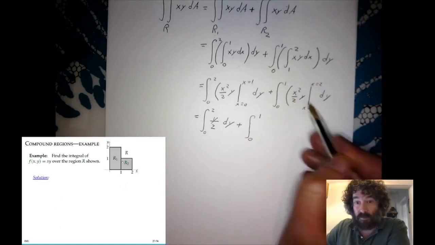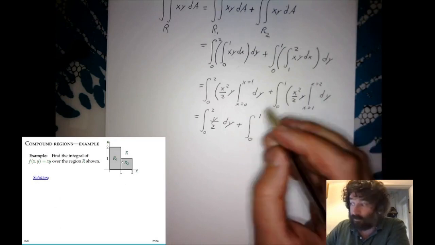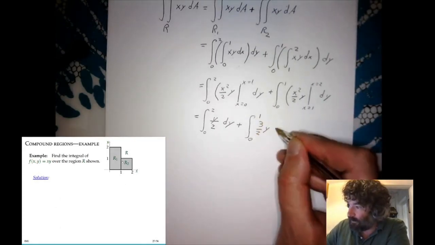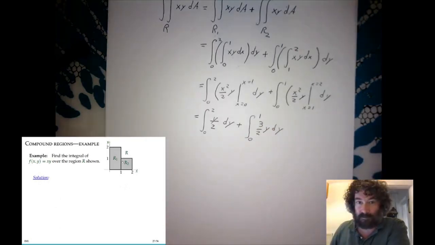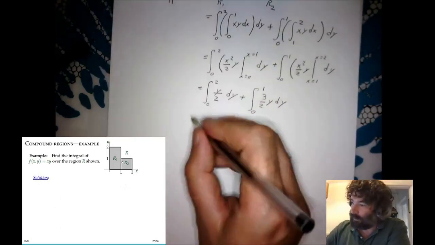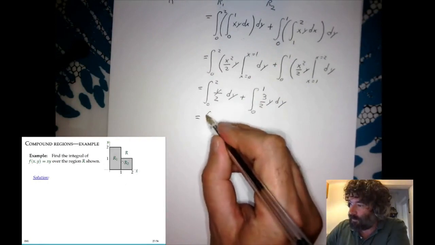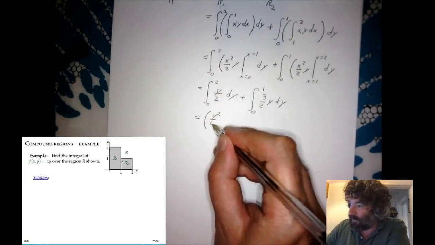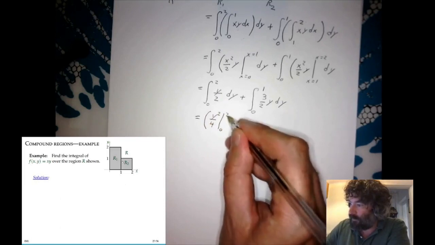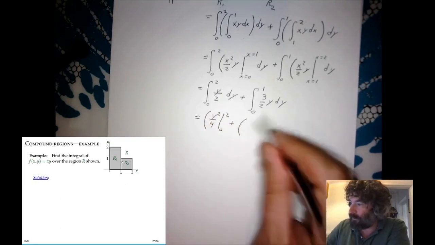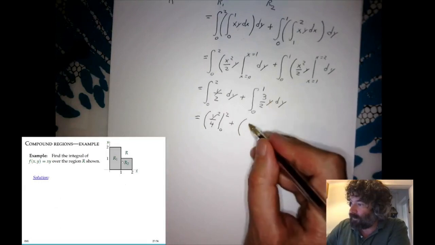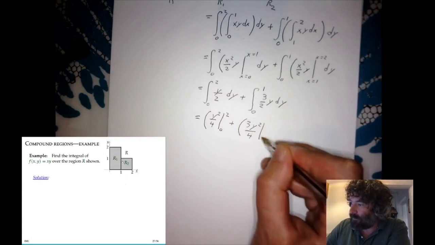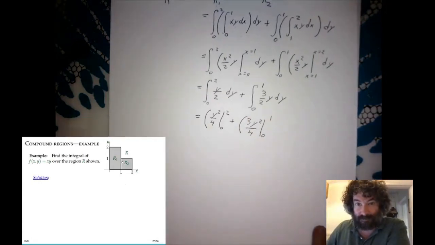We put in x equal 1, we get 1/2, and so when you subtract them, you have 3 halves, 3 halves y dy. And so we do these integrals. The indefinite integral here is y squared divided by 4, evaluated from 0 to 2. This one is 3y squared divided by 4, evaluated from 0 to 1.